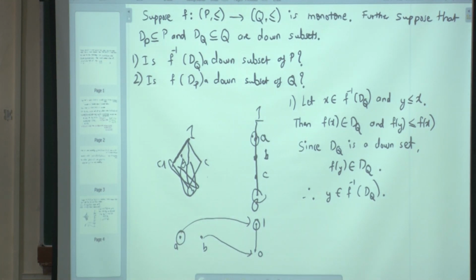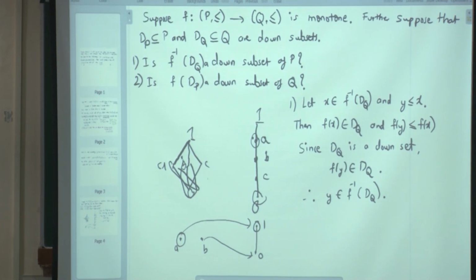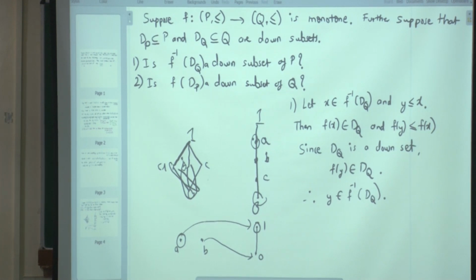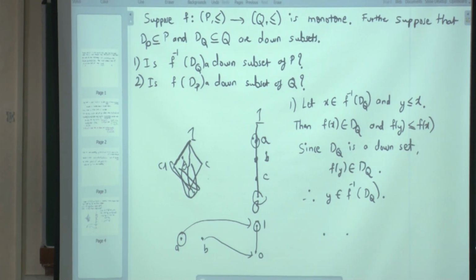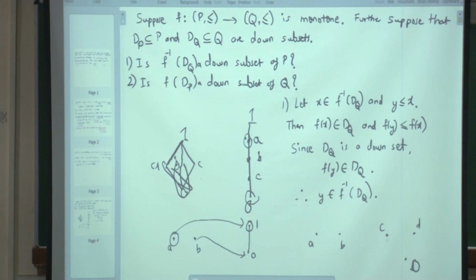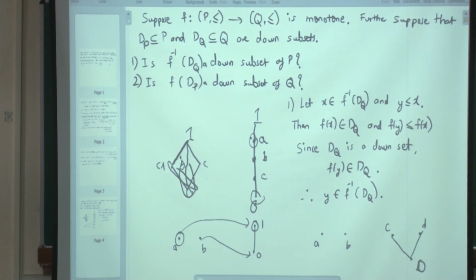What if I ask you the same question for order embeddings? The answer is still no. Even for order embeddings, even if you have an order preserving map. Why? One simple example would be: I am just going to take these elements A, B and C, D in the codomain.